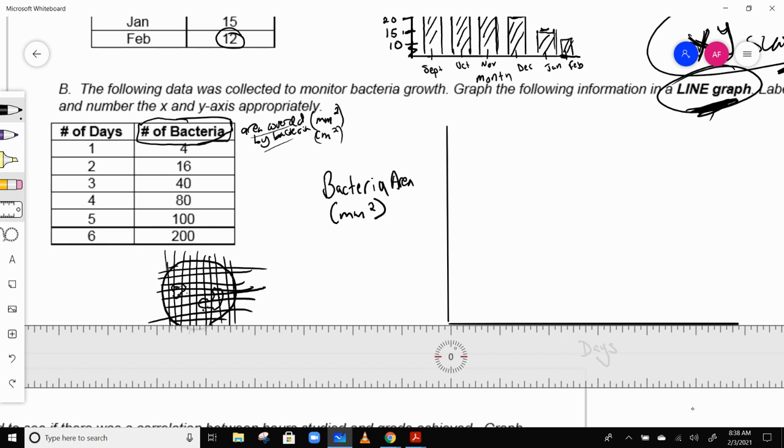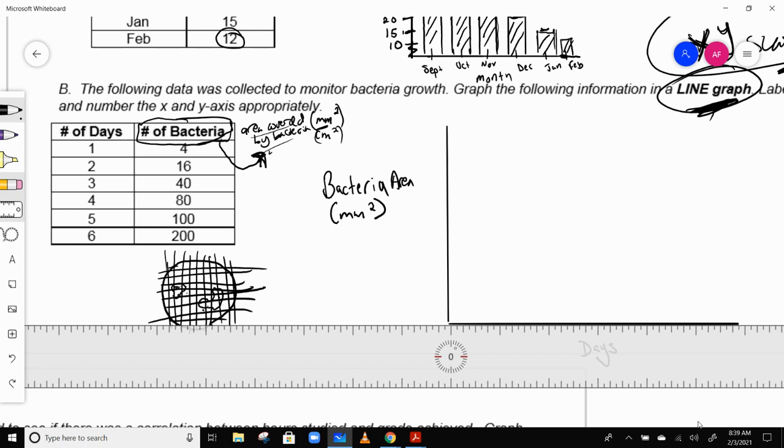That doesn't really make sense. So I should have changed this. I should have made this area covered by bacteria. Okay, so I'm changing it now. It wasn't given. I'm changing it to area covered by bacteria and saying the units are millimeters squared. Okay, so they didn't originally give it. I'm giving it now. I'm changing it to show an example of what the units would be.